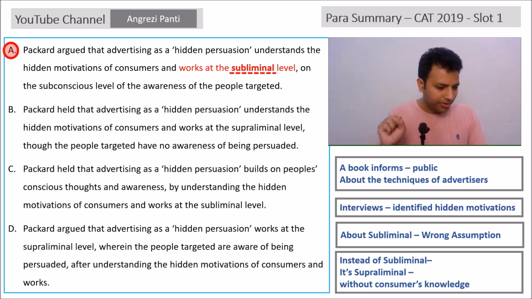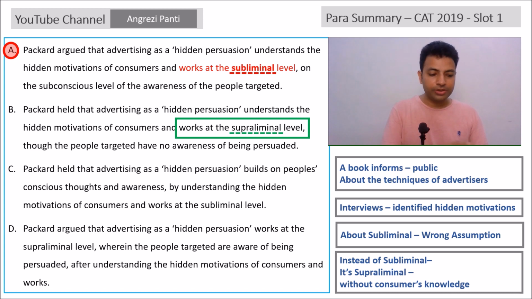Okay, next one. Packard held that advertising as a hidden persuasion understands the hidden motivations of the consumers, which is exactly the same as option A so far, which is good, and works at the supraliminal level, which is correct because we have mentioned this in our notes.